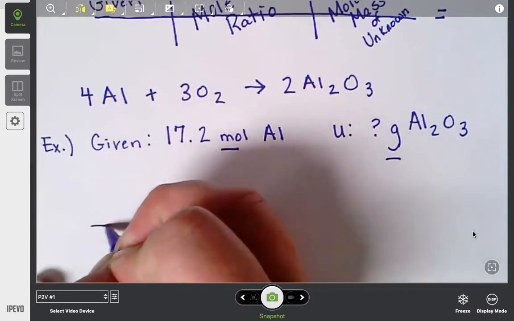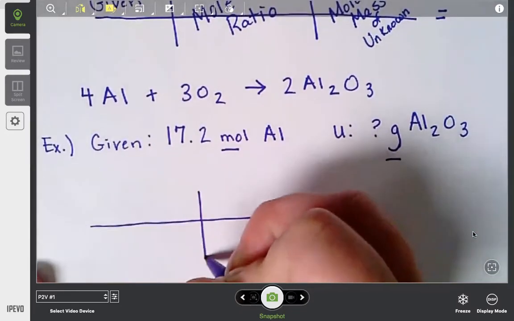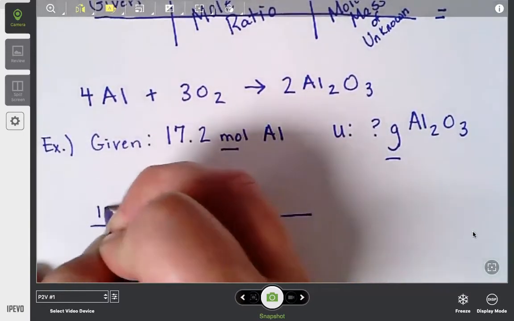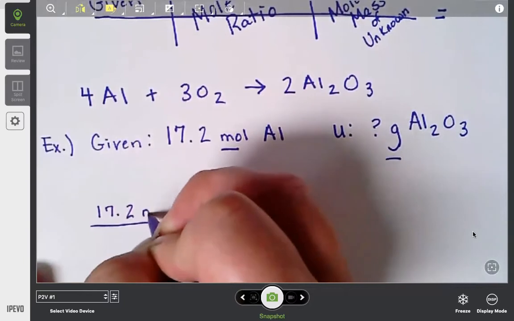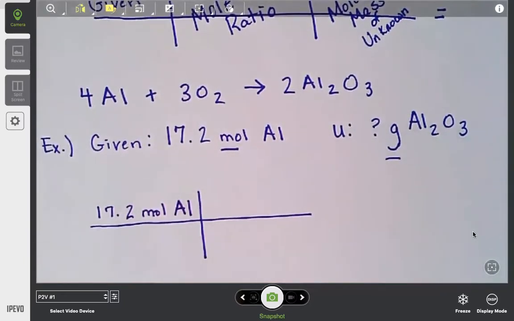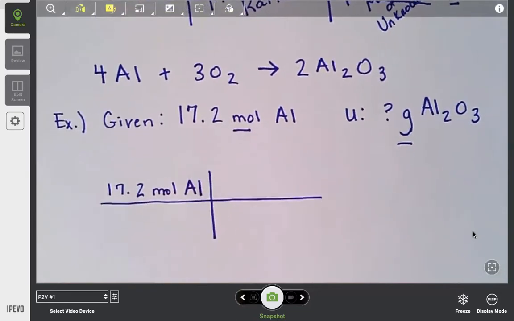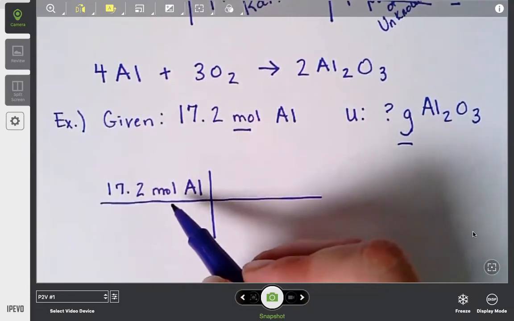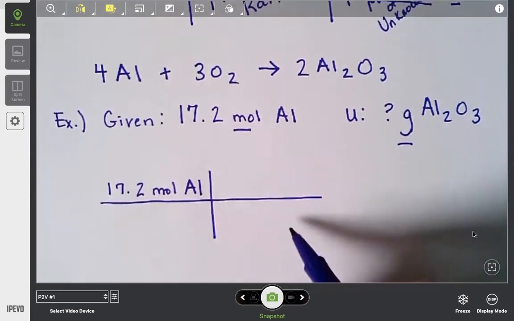All right, so I'm going to go ahead and draw my fence. I am going to put my given, which is 17.2 moles of aluminum, right here. If I have moles of aluminum, before I even do anything else, what do I have to have at the bottom?